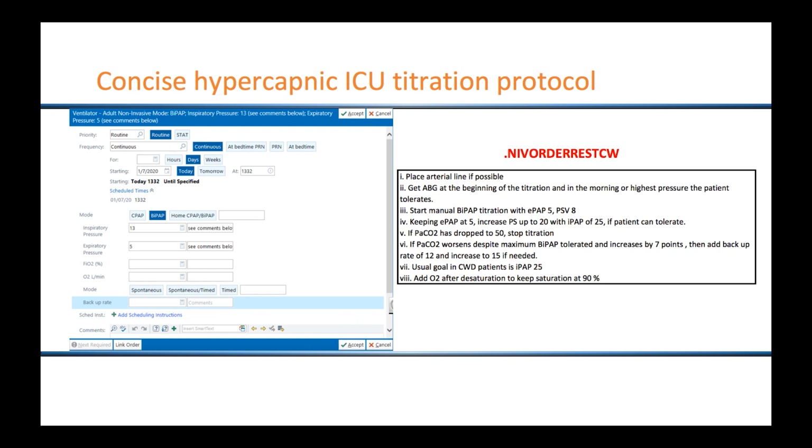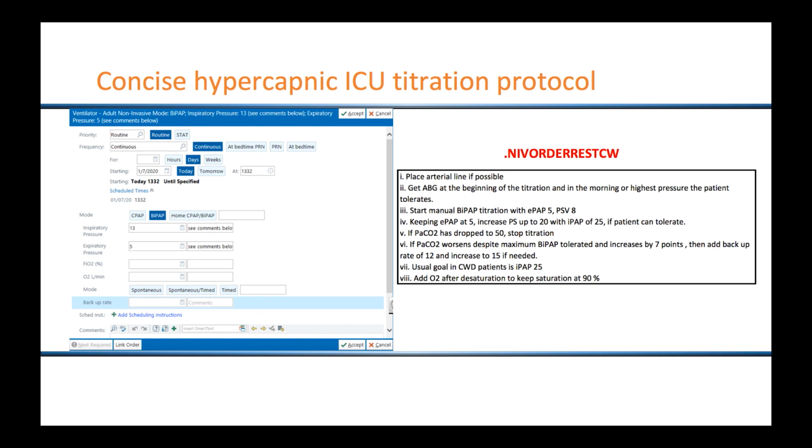In addition, if the PaCO2 drops to less than 50, we stop the titration. Keep in mind, if the PaCO2 worsens despite maximum BiPAP tolerated and it actually increases by 7 points, that's an indication to add a timed element, and we can have a backup rate of anywhere between 12 to 15. But typically we begin at 12 and increase as needed.